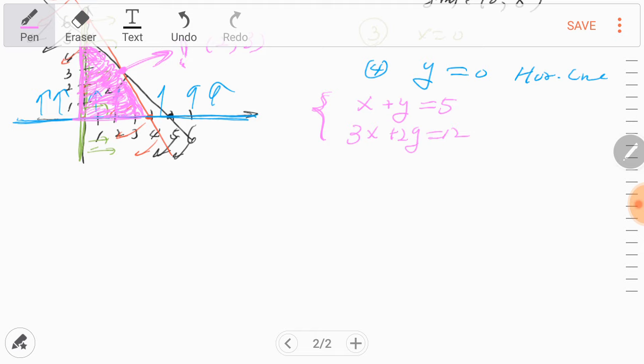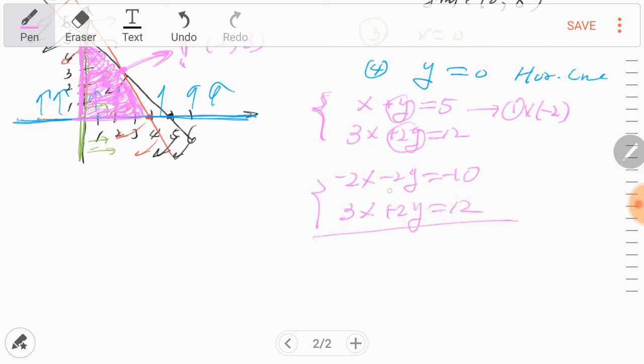Why don't we eliminate the y terms? Multiply the first equation by -2. Then -2x minus 2y equals -10. Add it to the second equation so that we can eliminate the y terms. So x equals 2.